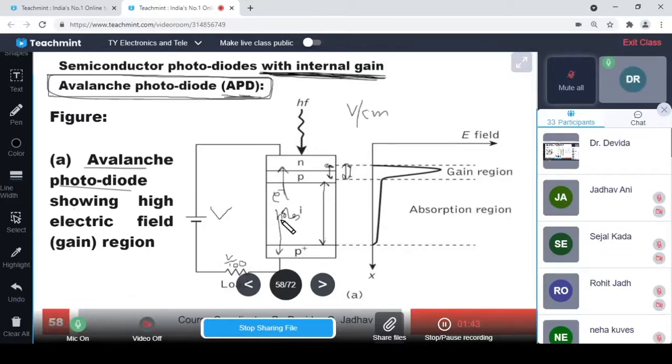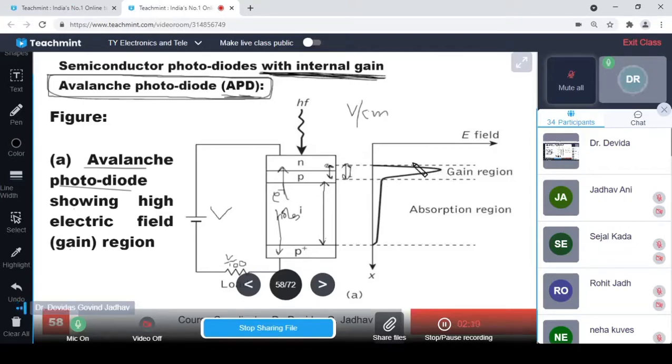But when an electron crosses this junction and depletion region, which has a very high electric field, already due to the electric field the electron has acquired very large acceleration and velocity, and when this high velocity electron crosses the junction depletion region, the very high electric field is applied again on it.